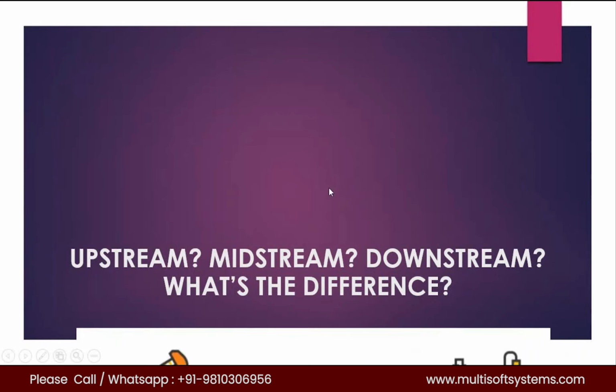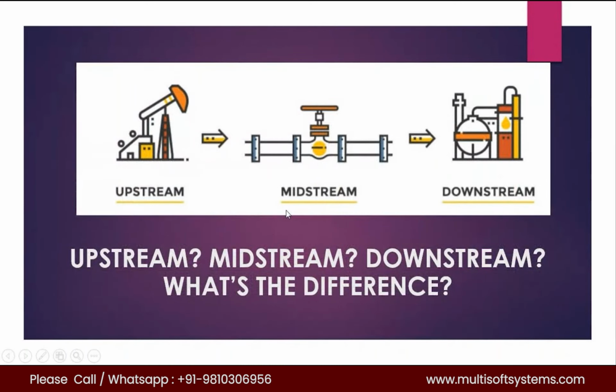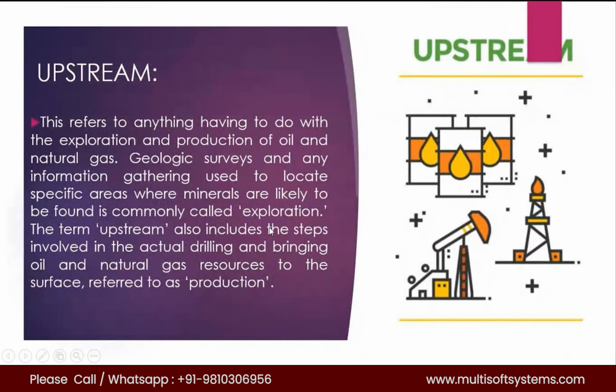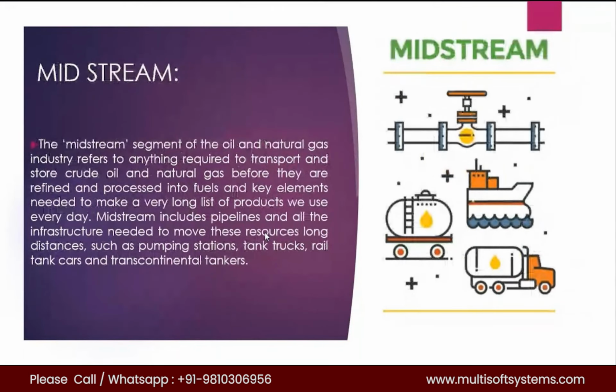So upstream is the exploration and production. That is the main thing which happens in upstream, whether onshore or offshore, on the land surface or the sea bed. Midstream is the transportation, maybe through pipeline, cargo ship, tanker, or lorry, transferring the fluid from the upstream to the downstream.